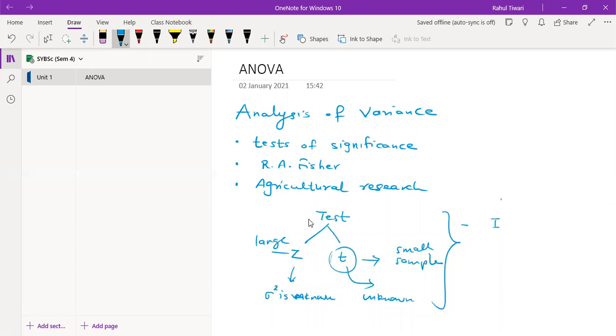Let's say group 1 and group 2, or maybe two classes, like the classes of SYBSC of Junjunwala College and the classes of SYBSC of, let's say, KC College.